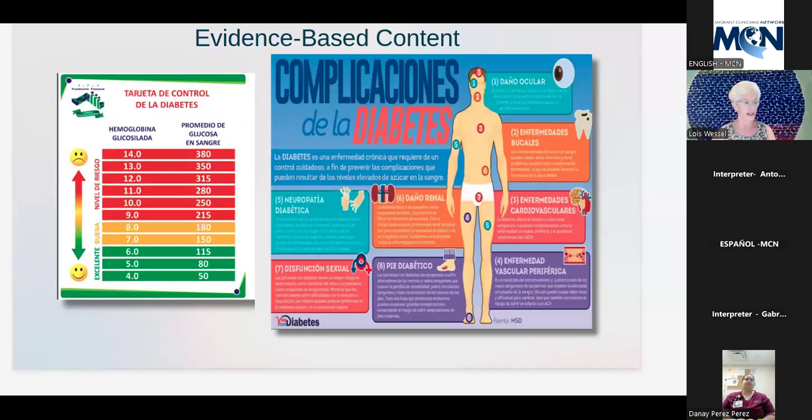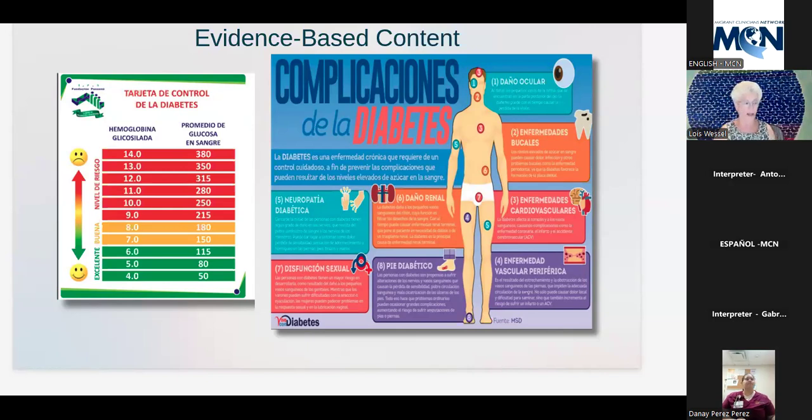So the one on the left is actually one of my most favorite diabetic handouts, and that is something that is based on concepts that, regardless of people's education and literacy level, people understand the stoplight, and I've seen similar things for asthma education, but we know if you're in the red zone for your blood sugar, stop.